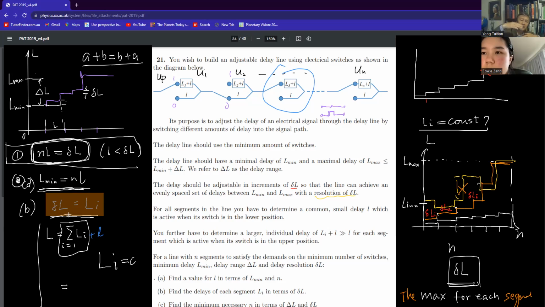Do you agree? That step must be smaller than this delta L. Find the minimum necessary n in terms of delta L.